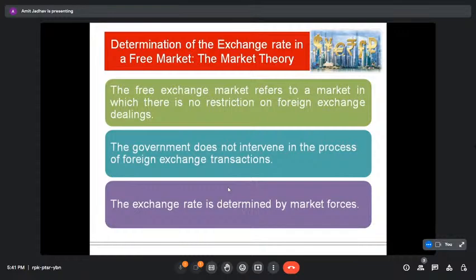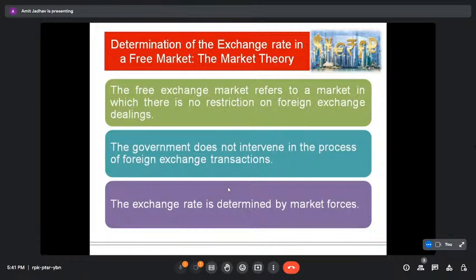The government does not intervene or interfere in the determination of foreign exchange, so it cannot interfere in fixing the price of foreign exchange.